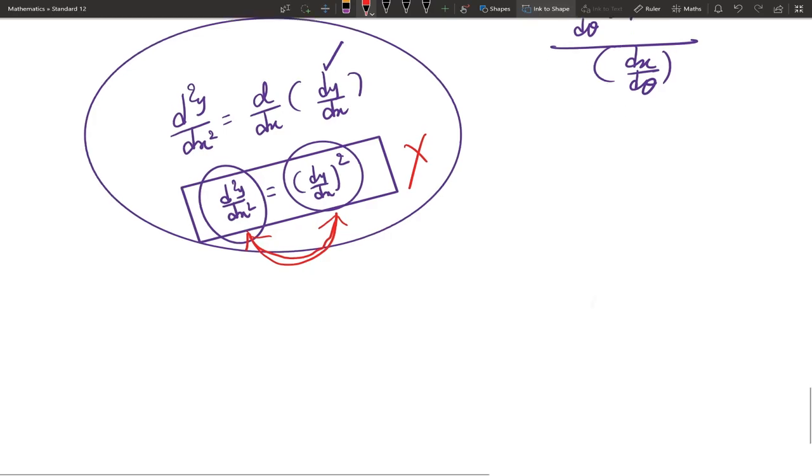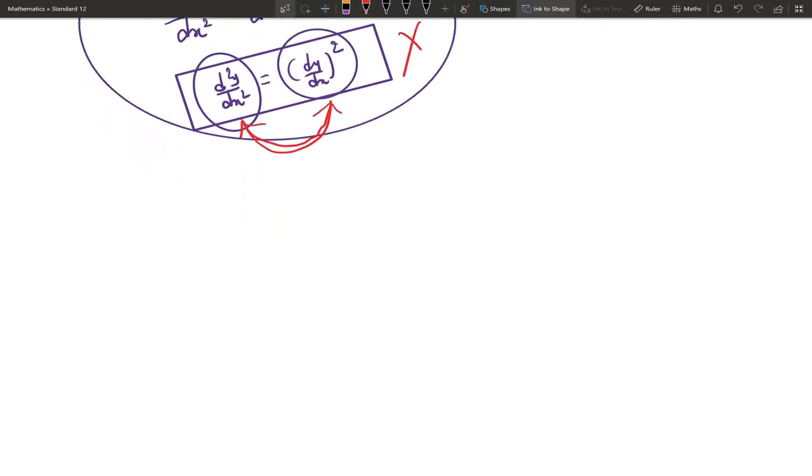Now let us take some problems based on second order derivatives. These are the basic things of second order derivatives.